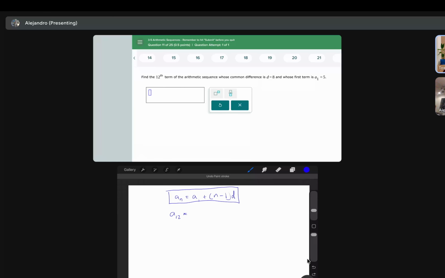All right, then it tells you the d. So I'll go ahead and substitute some stuff that I know. d is 8. A1, the first one in the series, they don't show it, but they tell you it's 5. So right there, a sub 1. Plus, n is still 12.